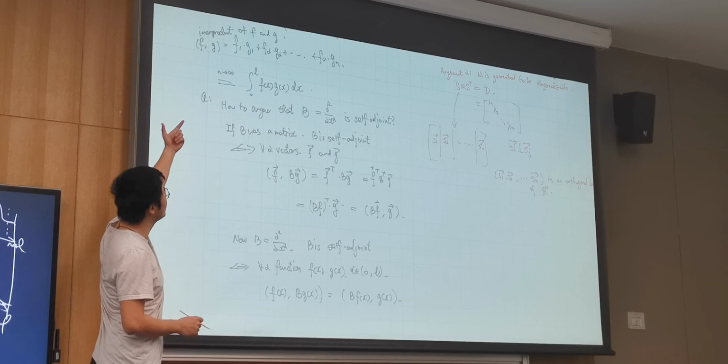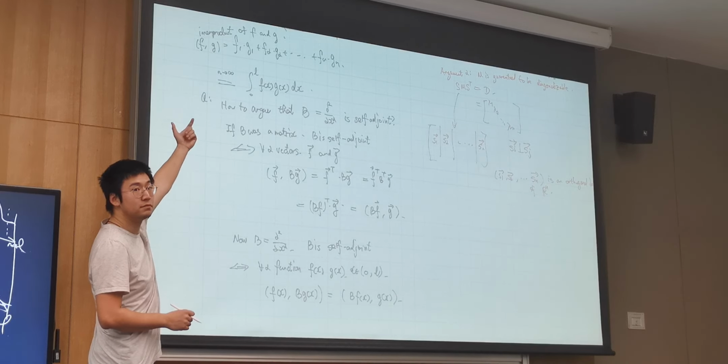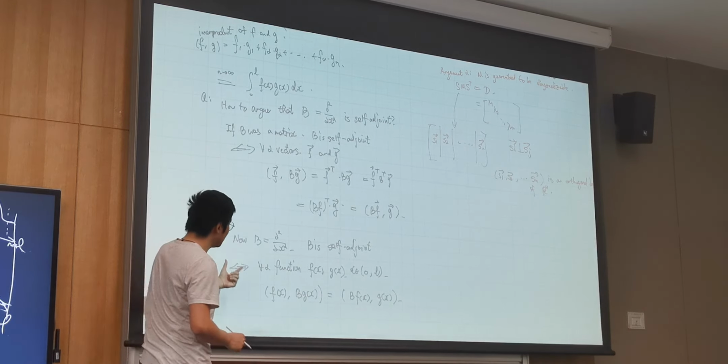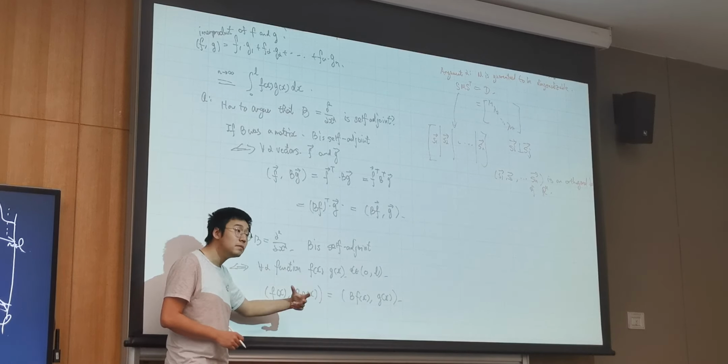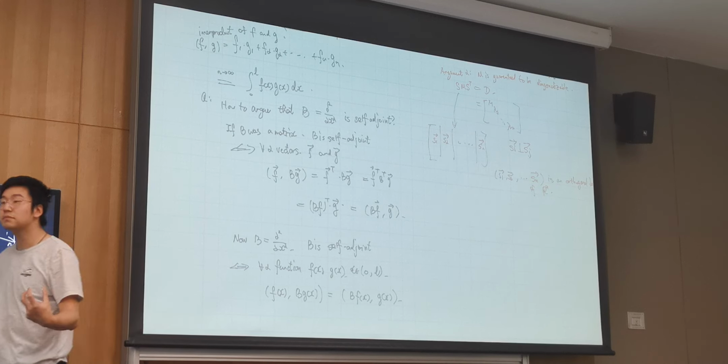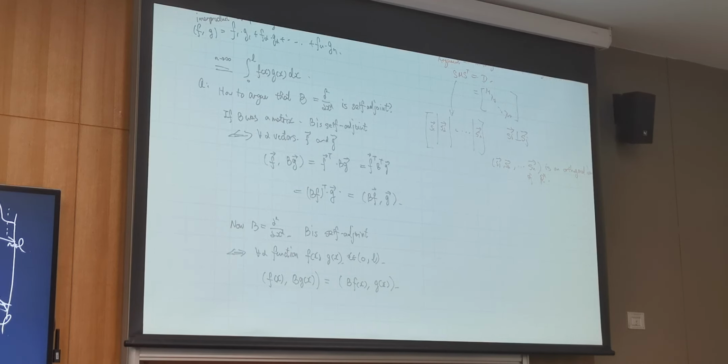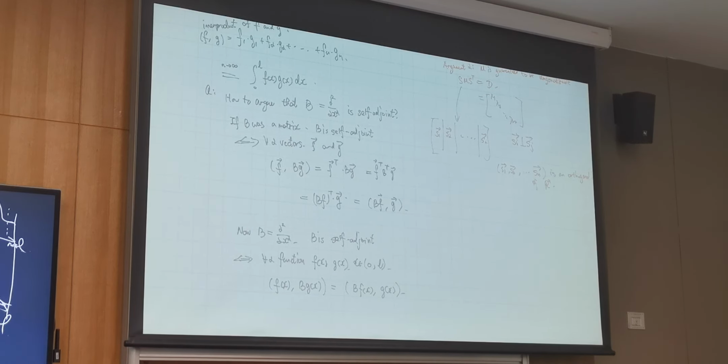This is how we do an inner product between two functions. How do we do the inner product between f(x) and Bg(x)? That should be the integration from 0 to L, of f(x) multiplied by Bg(x).